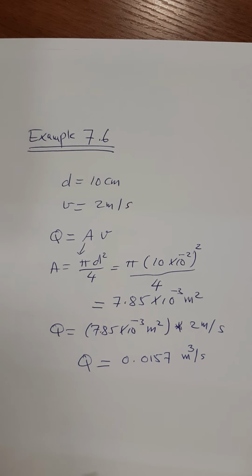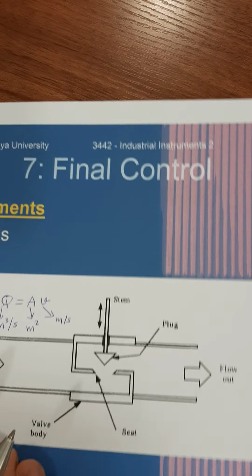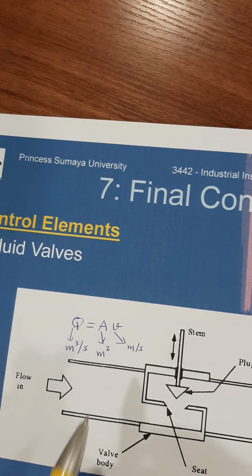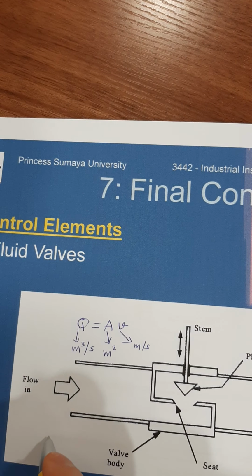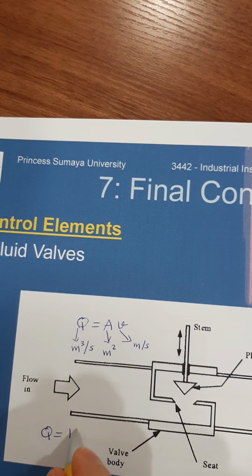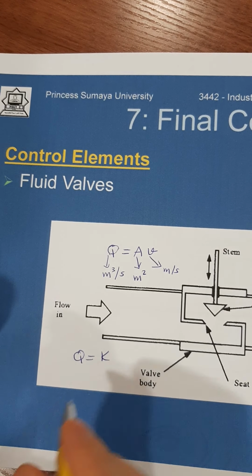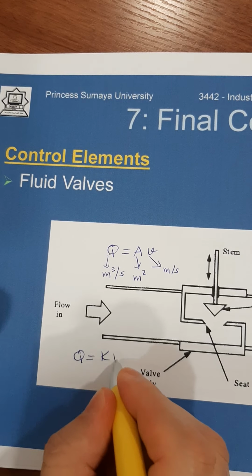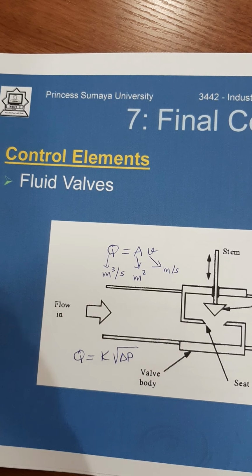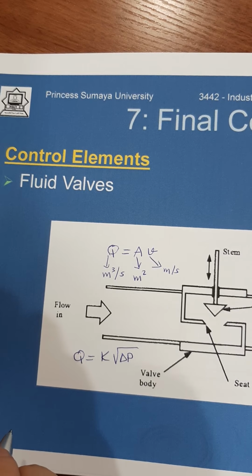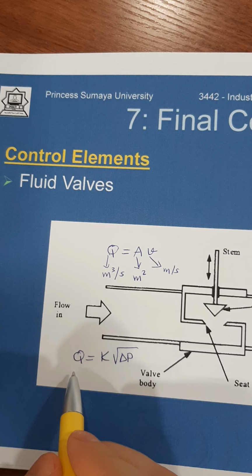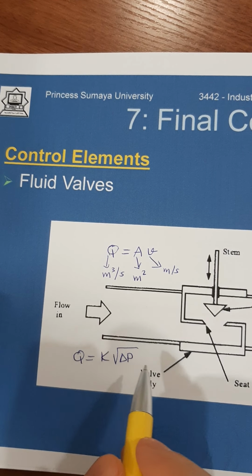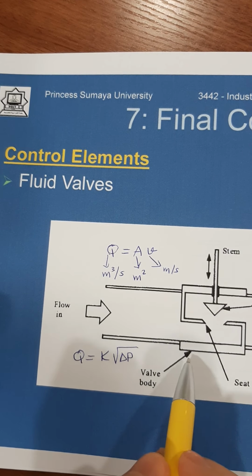Now we have another formula that governs the flow control valve. We have the volumetric flow here. This is the first equation. We have another equation, which is Q equal to K times the square root of delta P. And this is a general equation that relates the volumetric flow with the differential pressure across the valve.